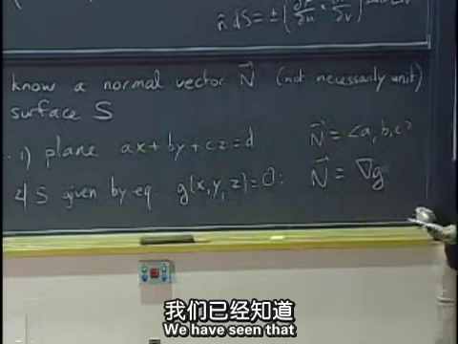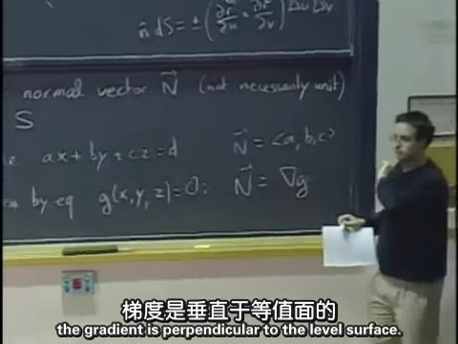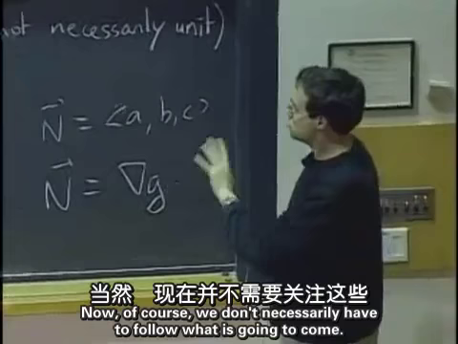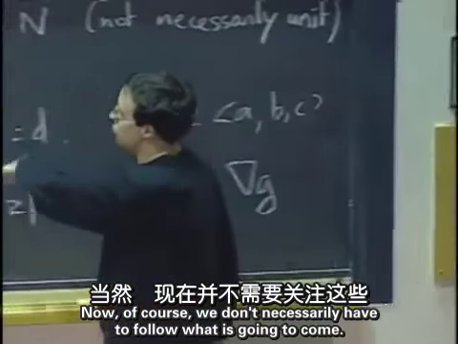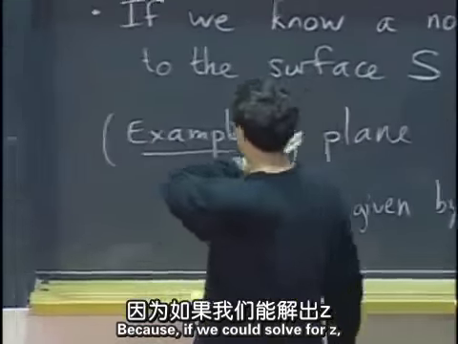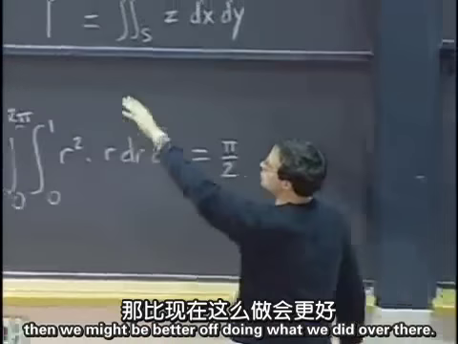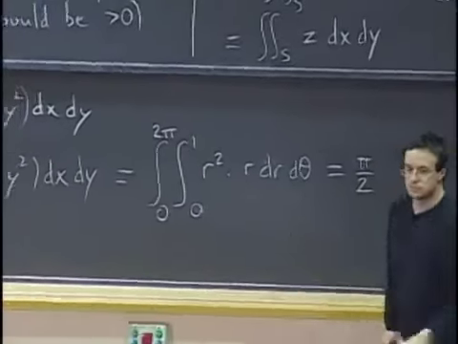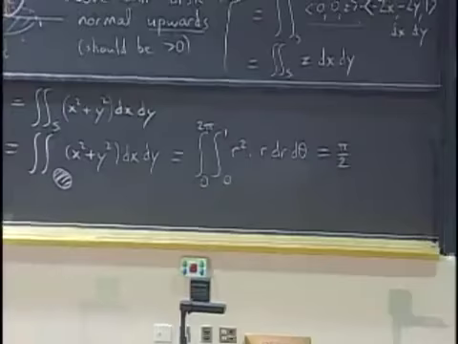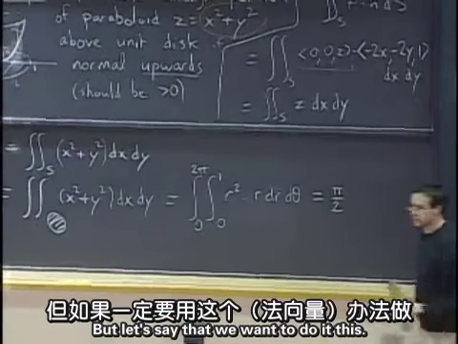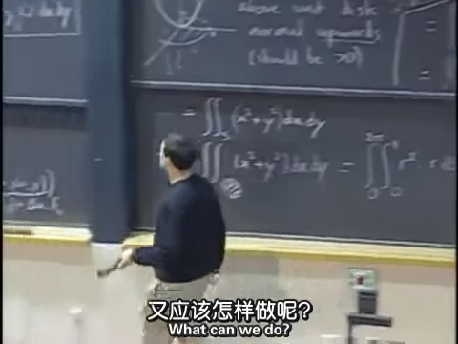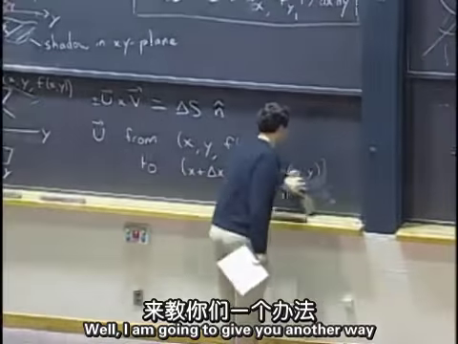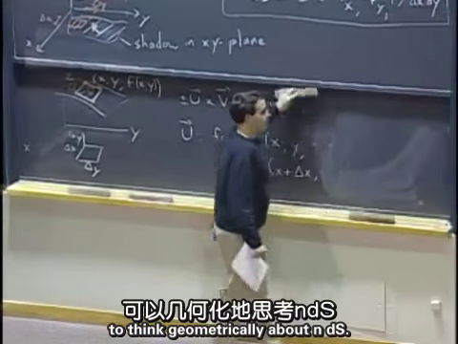We've seen that the gradient is perpendicular to the level surface. Now, of course, we don't necessarily have to follow what's going to come, because if we could solve for z, then we might be better off doing what we did over there. But let's say that we want to do it this way. So then what can we do? Well, I'm going to give you another way to think geometrically about dS.